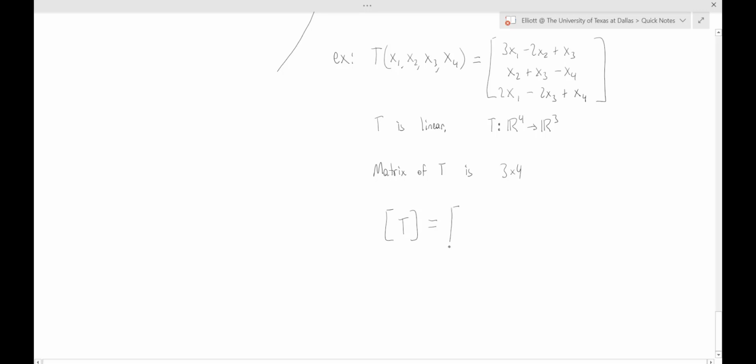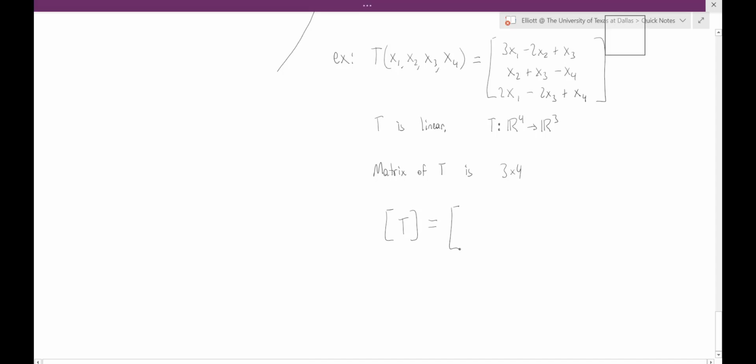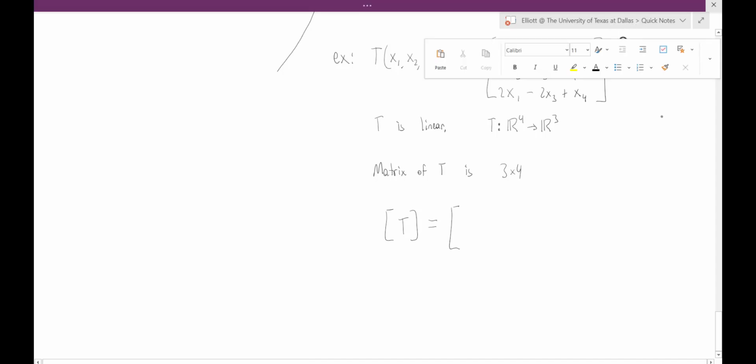So the coefficients of x1 are 3, 0, and 2. The coefficients of x2 are -2, 1, 0.